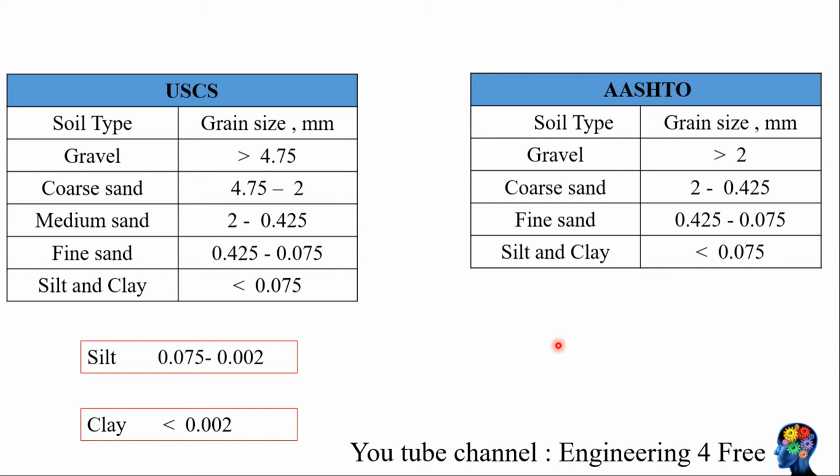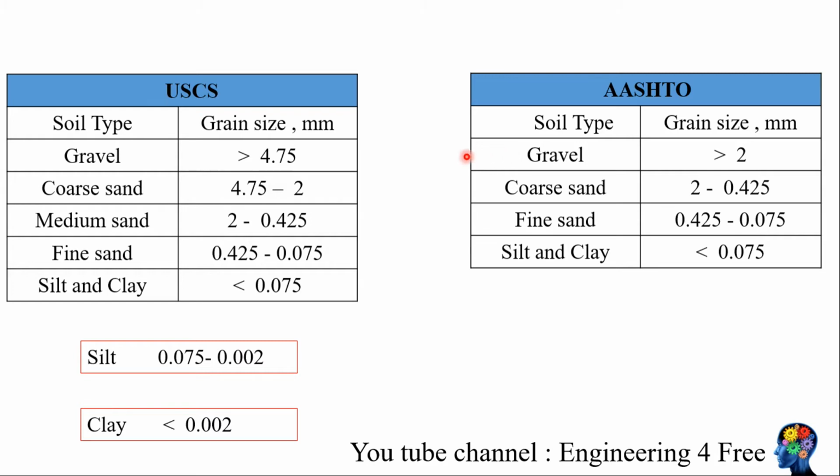They are more or less the same, but there is a little difference. In the unified soil classification system, gravel materials have a grain size greater than or equal to 4.75 millimeter, whereas in the AASHTO classification system, gravels have grain size greater than 2 millimeters.